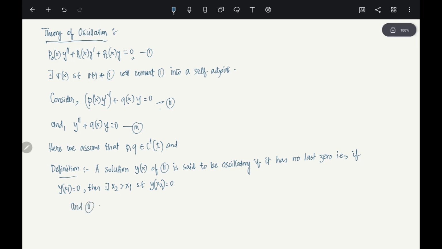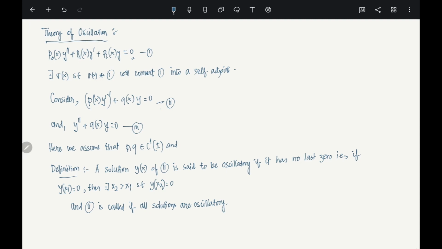See, the solution is oscillatory if there is no last zero of the solution, and 2 is called oscillatory if all solutions are oscillatory. If all solutions are oscillatory, then we call the equation an oscillatory equation.